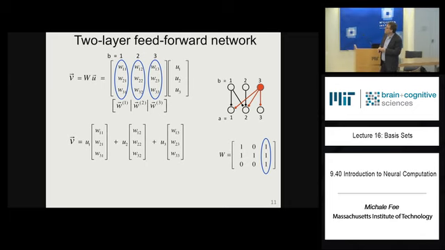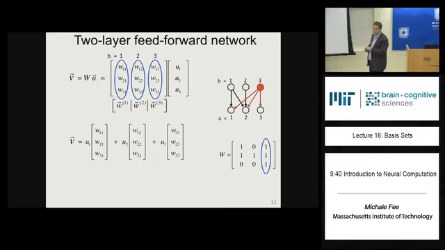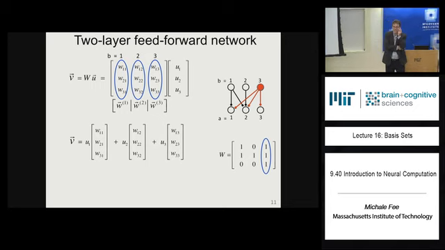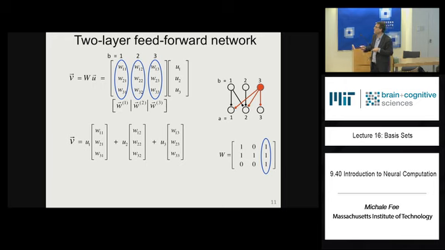So you can think of the output firing rate vector as being a linear combination of a contribution from the first neuron, a contribution from the second neuron, and a contribution from the third neuron. Does that make sense? It's a different way of thinking about it.